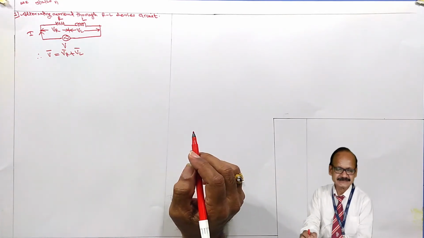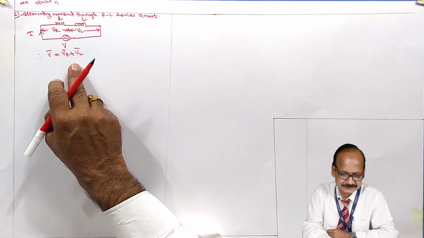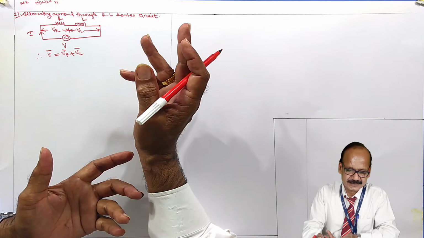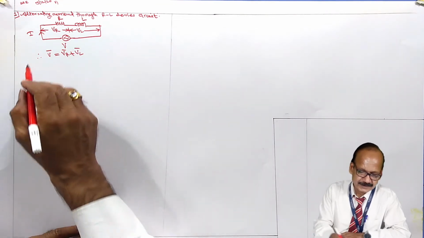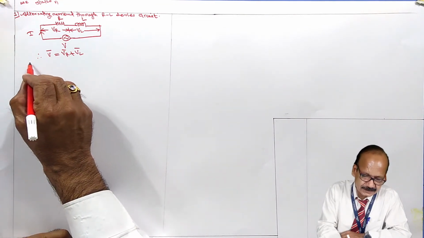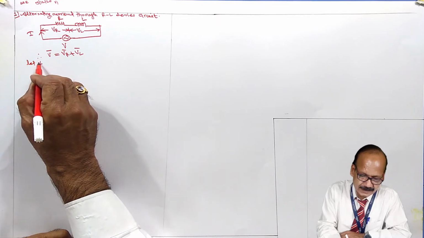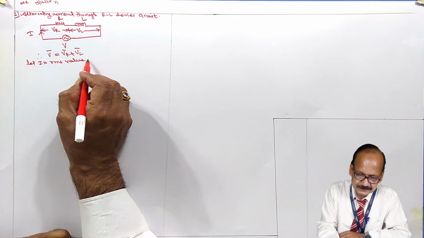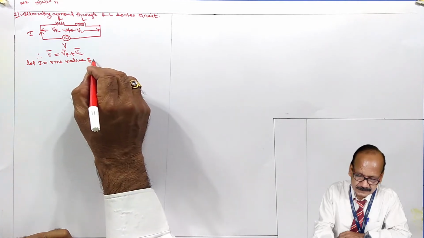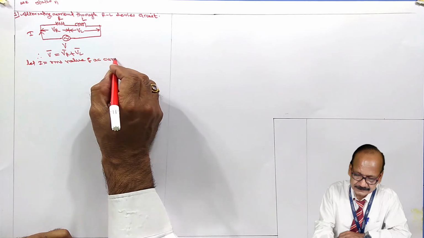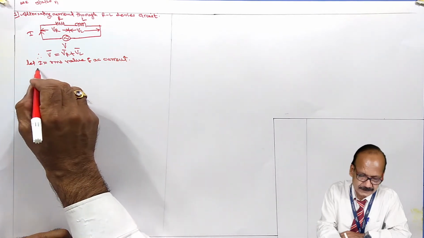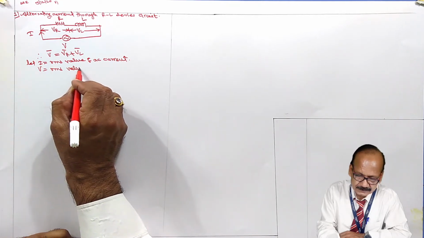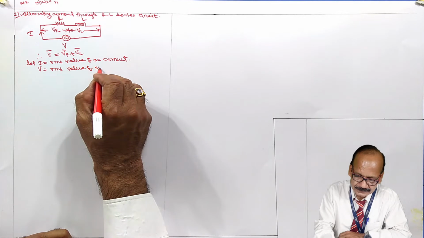Note that in AC circuit, it is a phasor addition. However, in DC circuit, you can take the arithmetic sum. So here, we can write: let I be the RMS value of alternating current, V the RMS value of supply voltage.